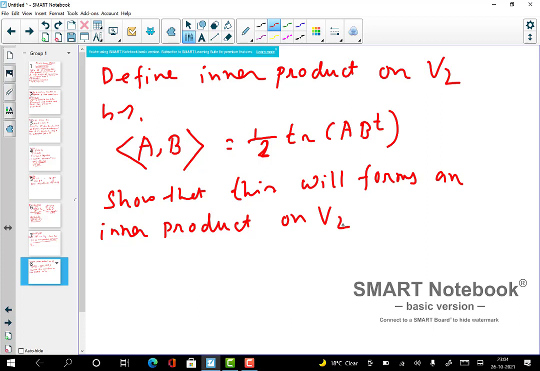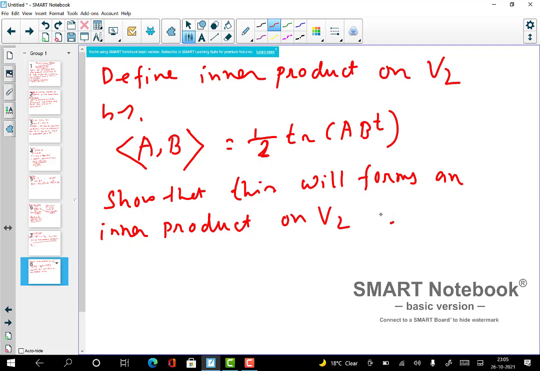And obviously B transpose, since B is a real skew-symmetric matrix, is nothing but minus B. So it is actually minus of trace of AB, and this is the definition. You can take the minus outside, and then this is enough to define the inner product.